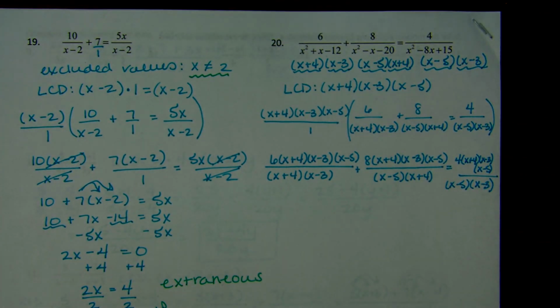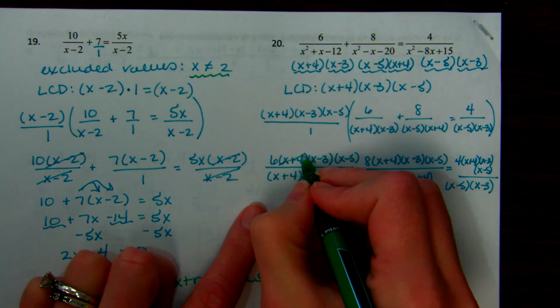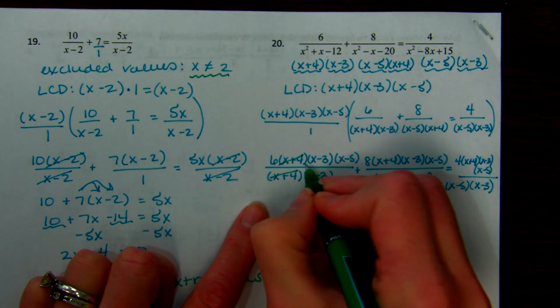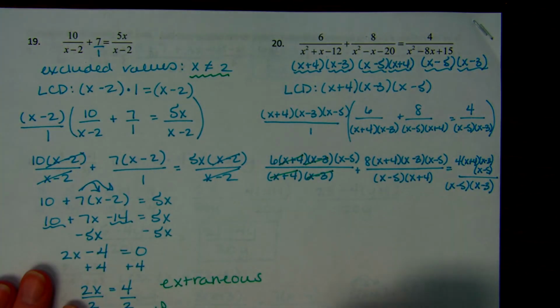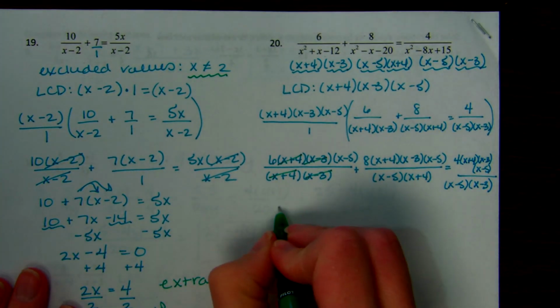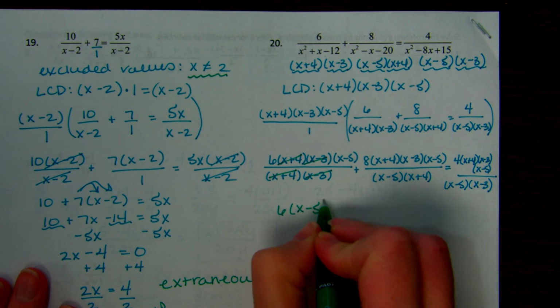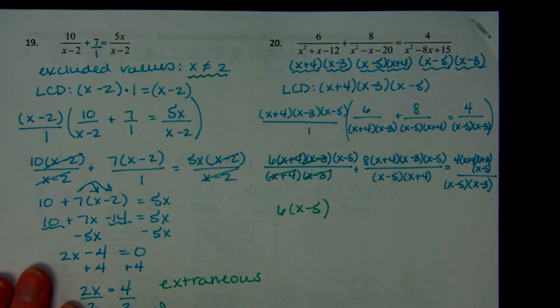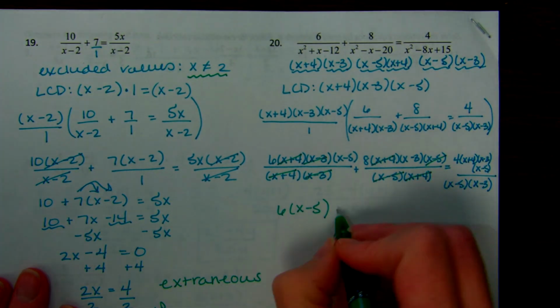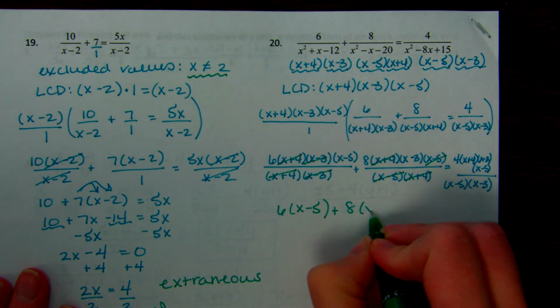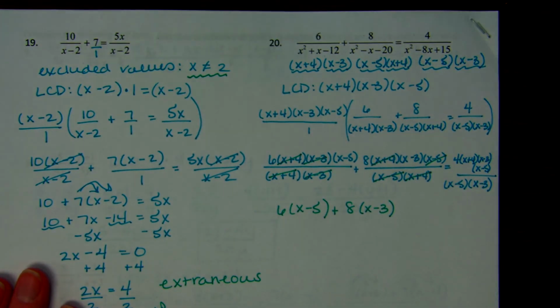All right, so now is the fun part where you get to cross things out. So I've got an x plus 4 and an x plus 4 and an x minus 3 and an x minus 3. And that leaves me right here with 6 times x minus 5. How simple is that? Isn't that good times? And then I've got x plus 4 and x plus 4 and x minus 5 and x minus 5, and they go away, and so I get plus 8 times x minus 3. How exciting is that?